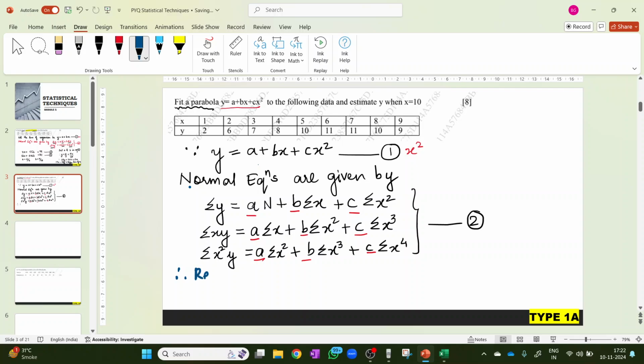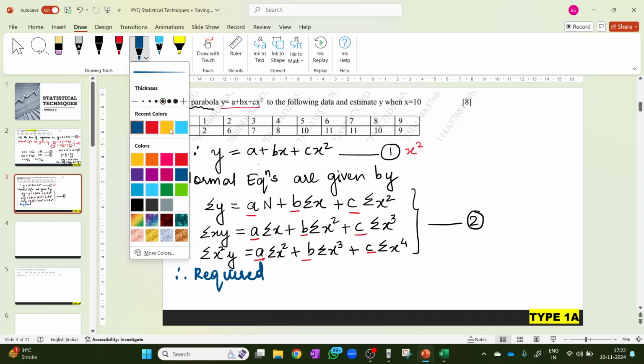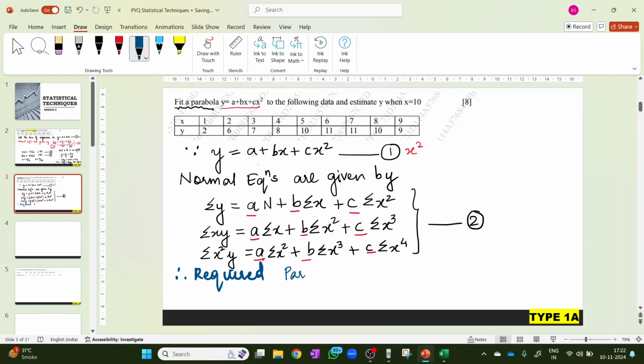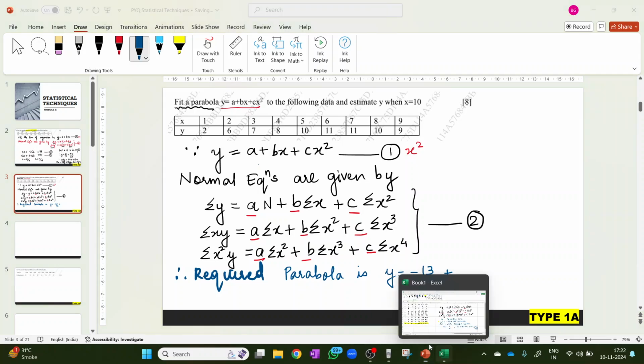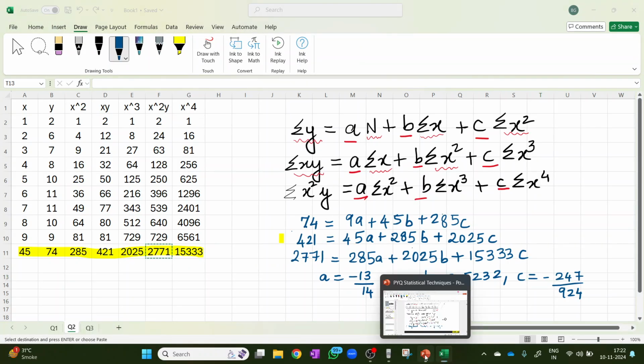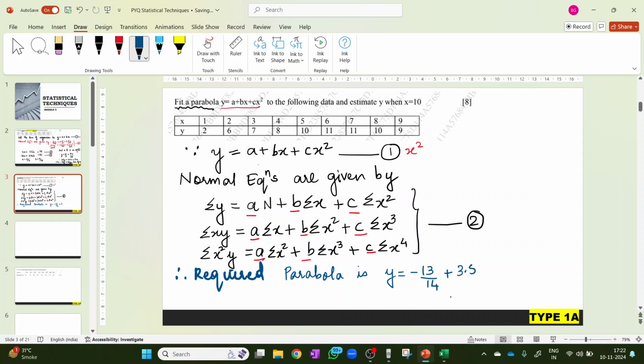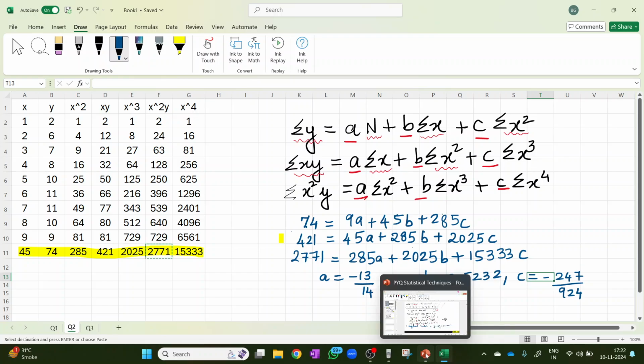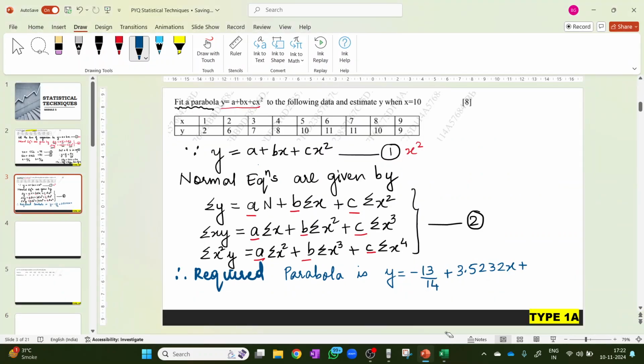So therefore, the required parabolic curve or parabola is y equal to negative 13 over 14 x squared plus b, which was 3.5232, and c was again negative, right? Negative 247 divided by 924.